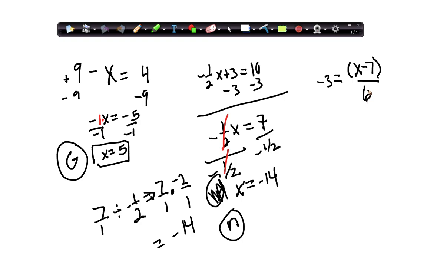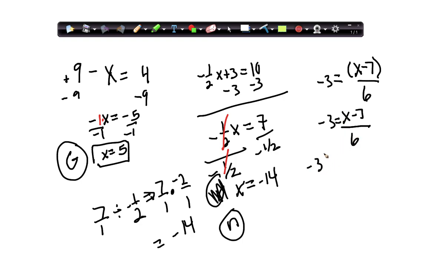So what these parentheses do, and I added the parentheses, it really is like this, but this line acts like parentheses. It says that we're going to reverse the normal operation. Instead of adding 7, we're going to multiply by 6.